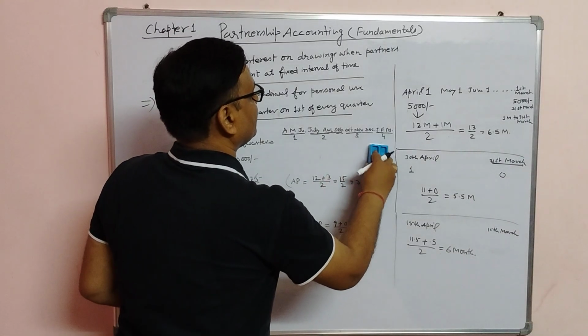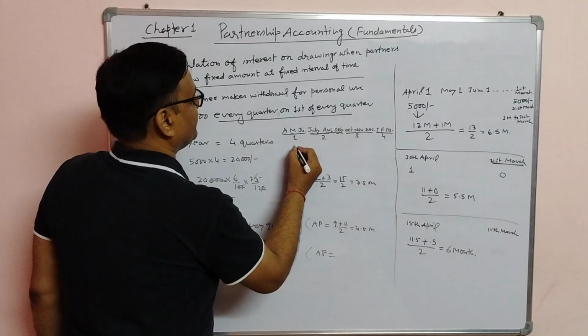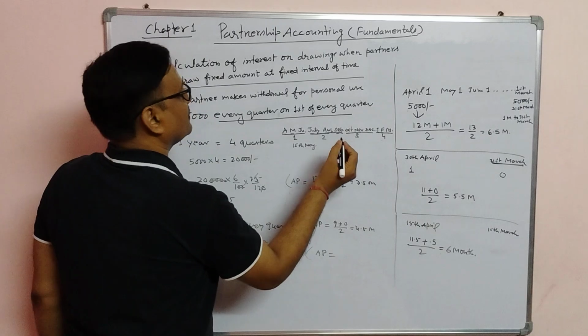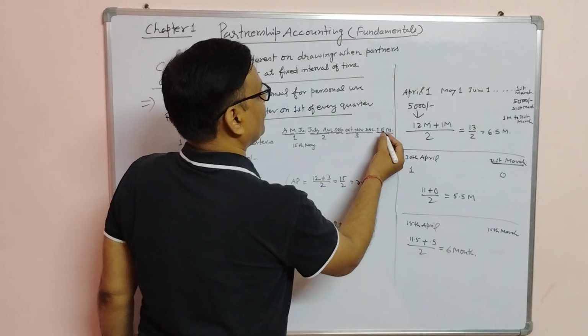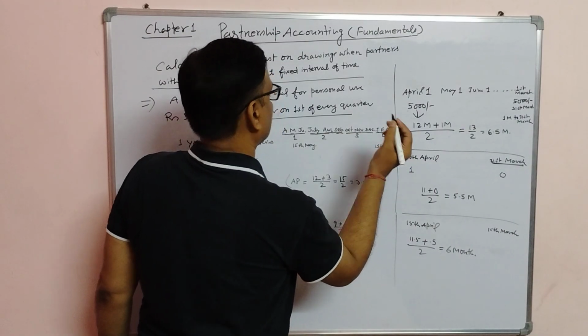If it is being withdrawn at the middle of every quarter, it means अप्रैल मई, 15th मई को पहला विड्रॉल होगा, और ये लास्ट क्वार्टर में जो विड्रॉल होगा वो जनवरी फरवरी, यानी 15th फरवरी.